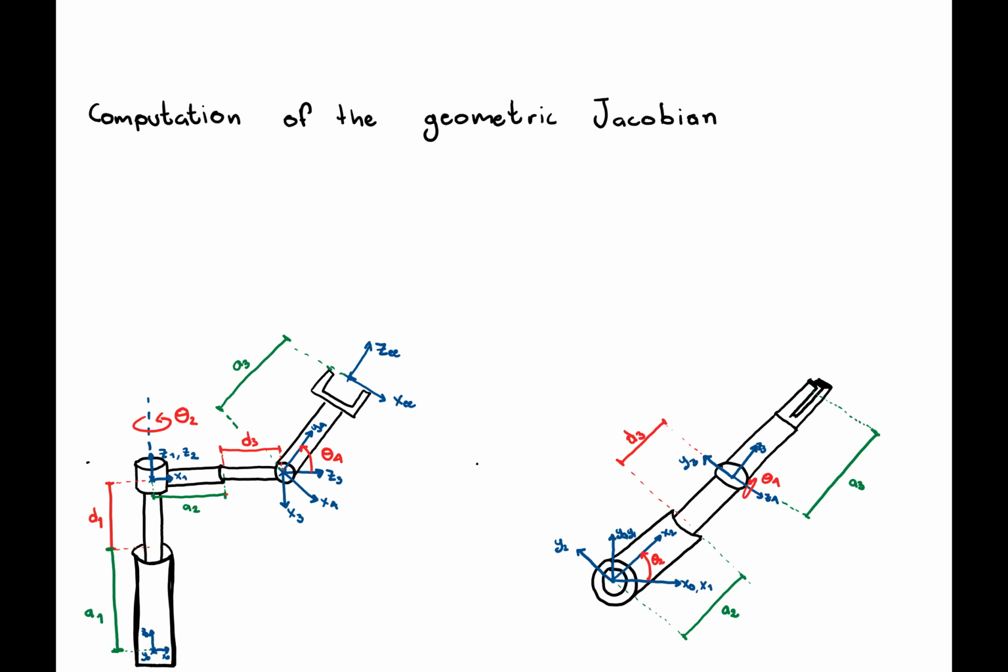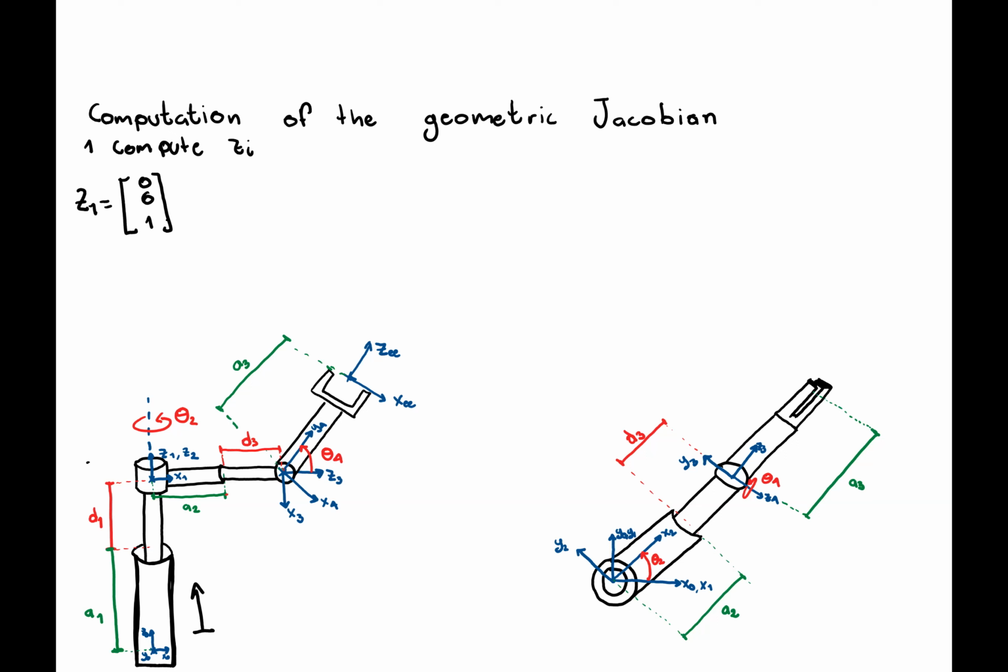So let's start by computing the z_i vectors. The first one is fairly easy because it's the axis of motion of joint 1, which is moving in this direction, aligned with the base frame. So z1 is equal to 0, 0, 1.